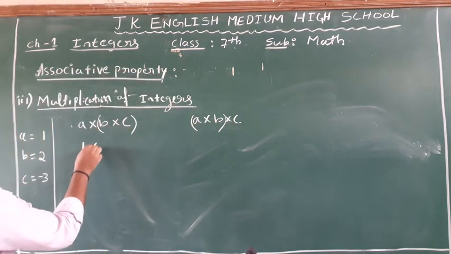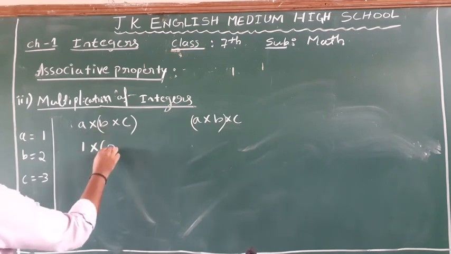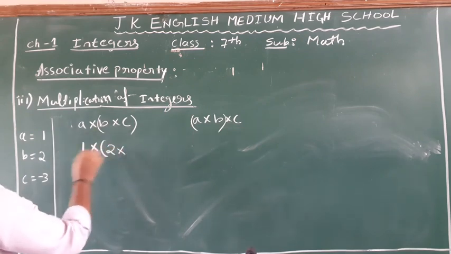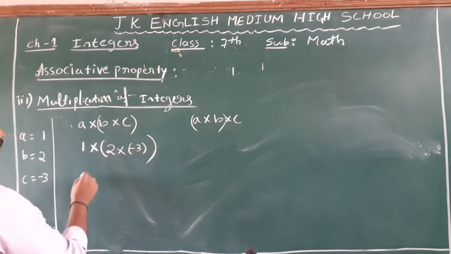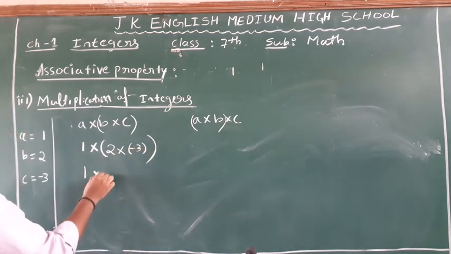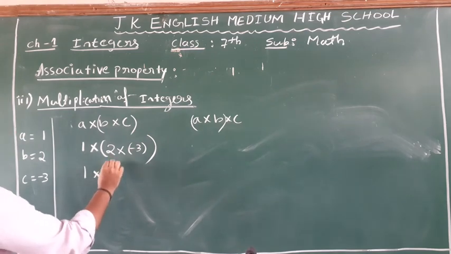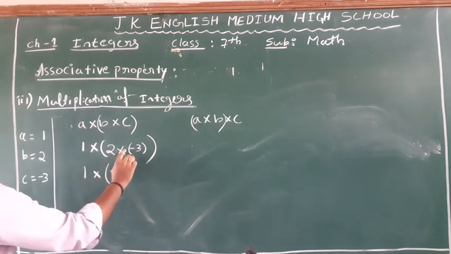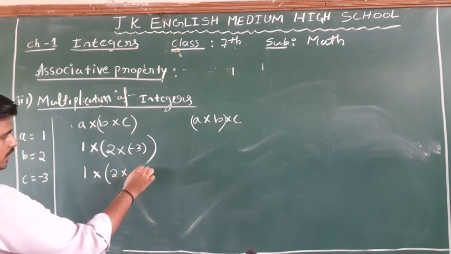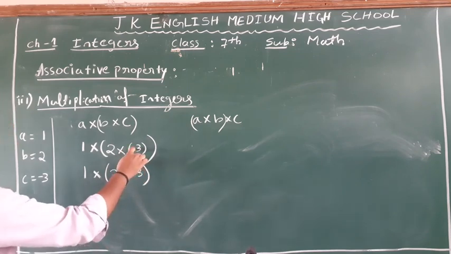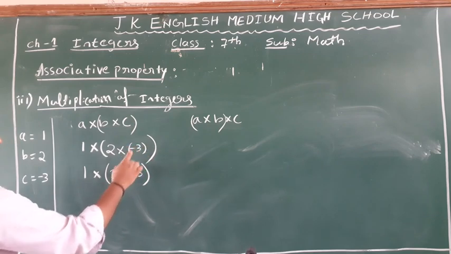a means 1, b means 2, c means minus 3. 1 into 2 into minus 3. Plus into minus will give you minus. So this minus 3 came out of this bracket.